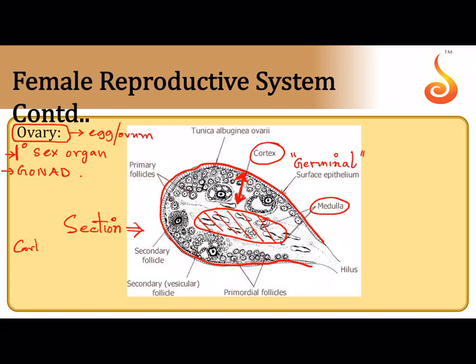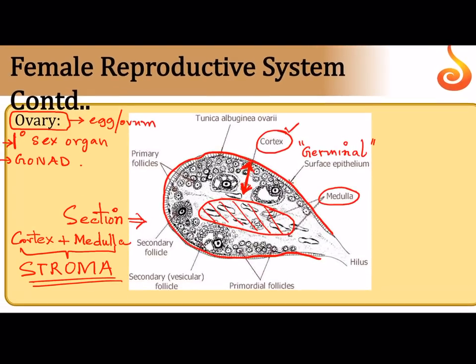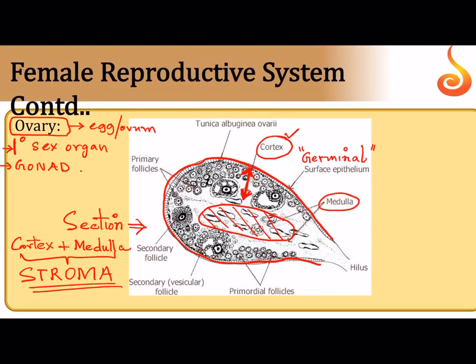It is very important to note that the cortex plus the medulla of the ovary together constitute the ovarian stroma. So please remember the superficial zone, which is referred to as the cortex, and the deeper zone, which is referred to as the medulla, together constitute the ovarian stroma, which you can expect for a 1 mark question.